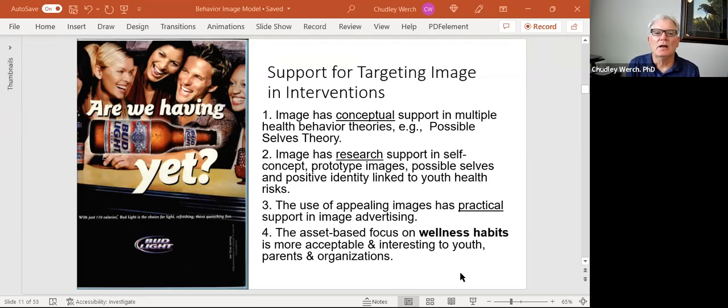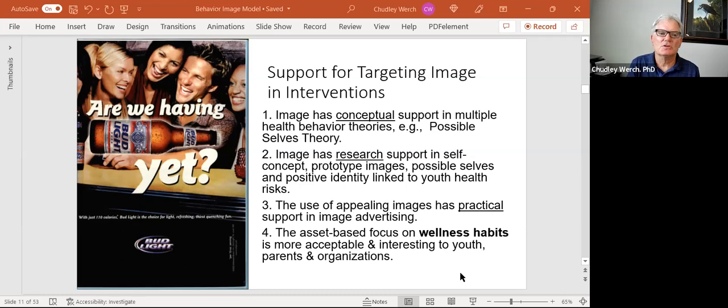Thirdly, and you can see again the image on the left there, is marketing and advertising companies, for decades from the beginning of the industries, have and continue to use positive and appealing images to sell products, indicating that it's a very powerful strategy. They're not showing negative images or costs or losses.